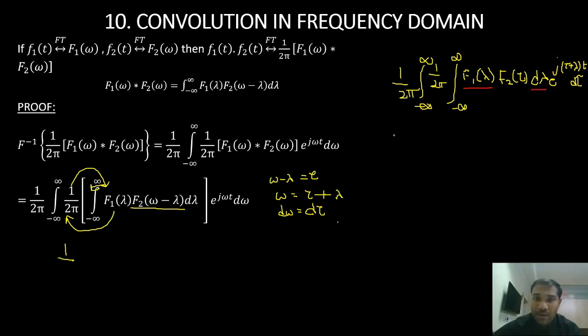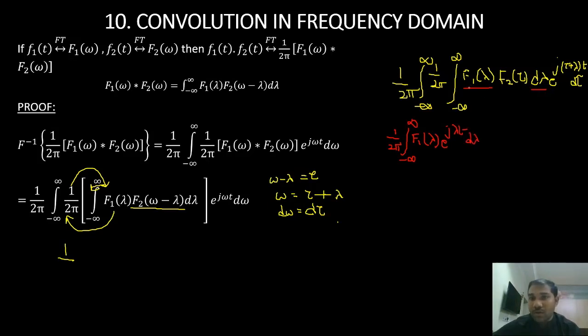So I can write it as 1 by 2 pi integral minus infinity to infinity f1 of lambda e power j lambda t d lambda.